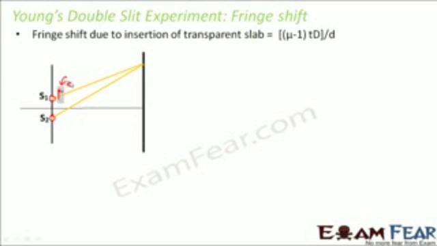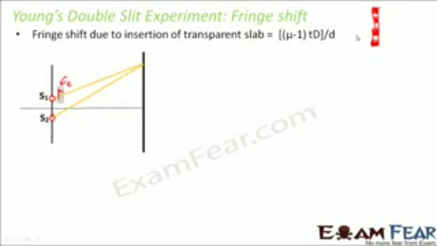I'll first explain what I mean by fringe shift. Let's say that initially this is how the fringes were: a dark fringe, bright fringe, again dark, again bright, and then again dark. So before you introduced the transparent slab, this is how the fringes were.